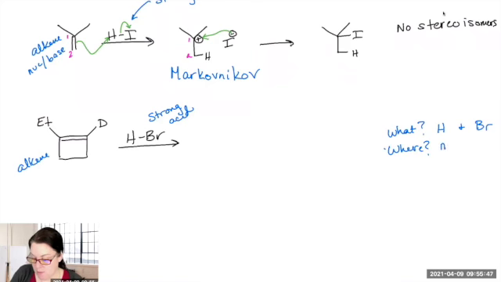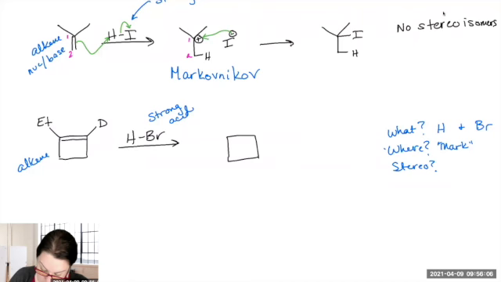It's going to be Markovnikov. Okay, and the stereochemistry, we need to answer that at the end. Okay, so all that we're going to react here is going to be the alkene. So I'm going to go ahead and redraw all of my sigma bonds.